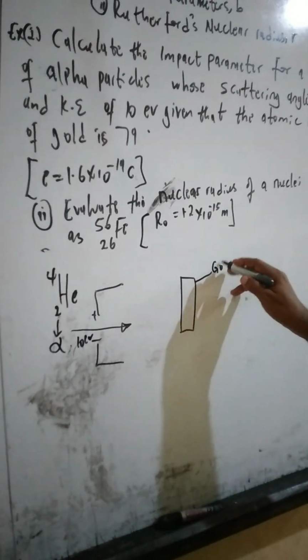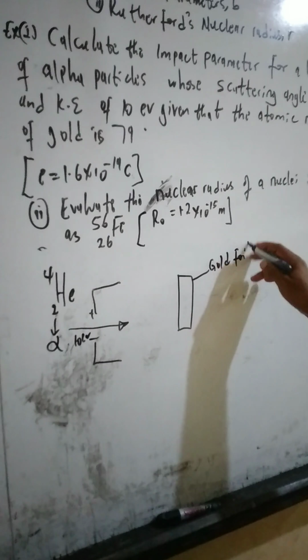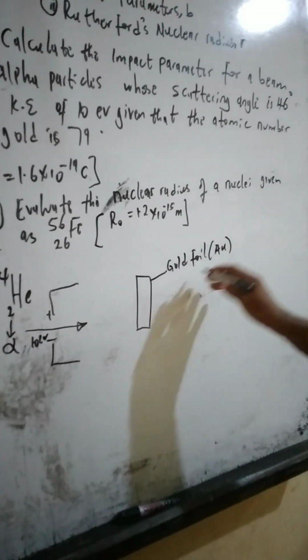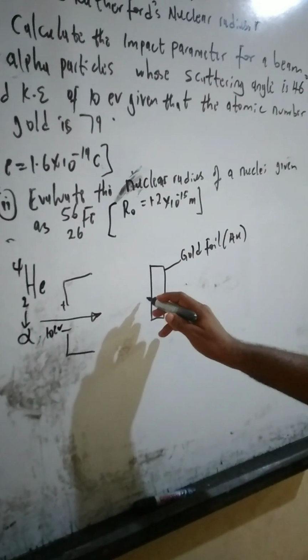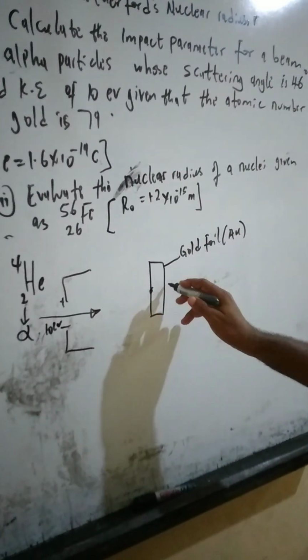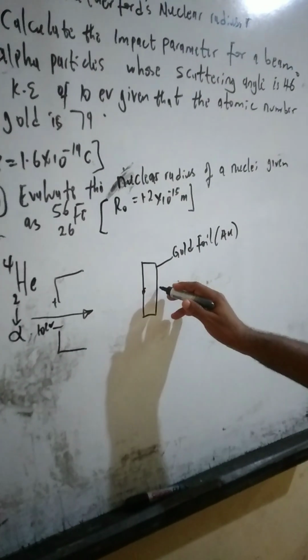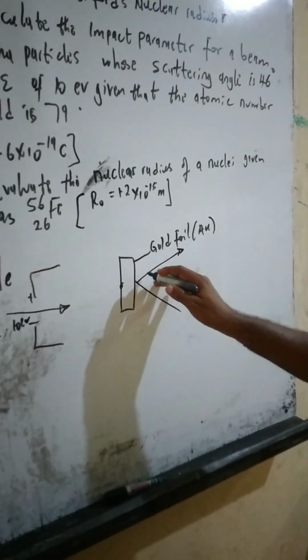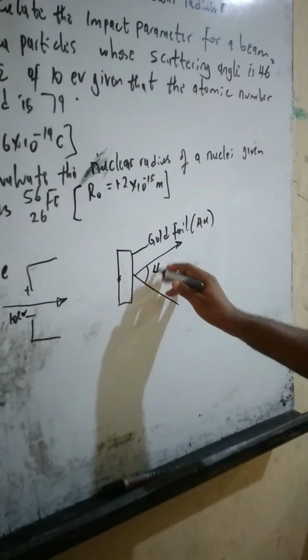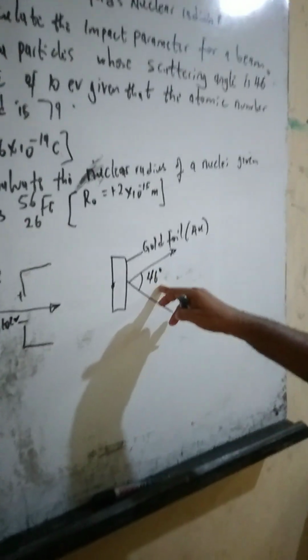Gold is Au. The stream of particles hits this gold foil, and because of this obstacle, the particles are scattered at a particular angle. Let's say the angle is 46 degrees.